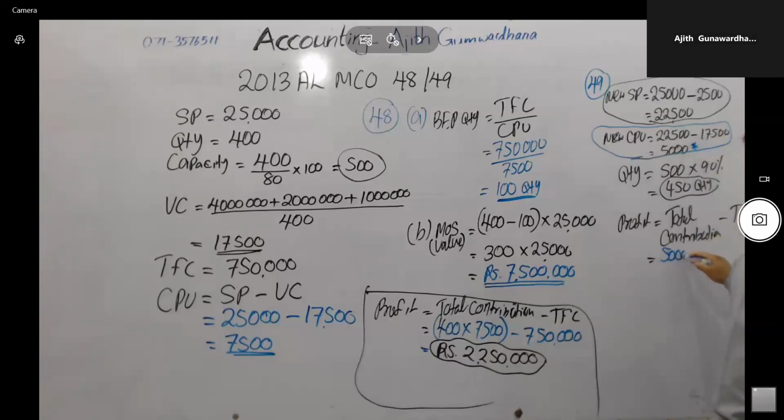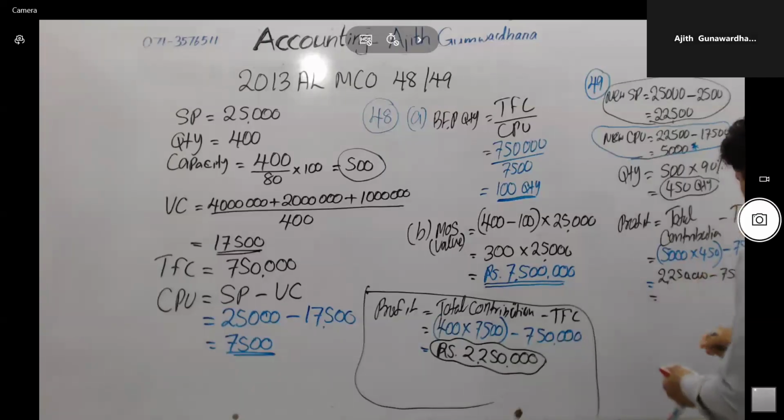This is the total contribution, but total fixed cost has not changed, 750,000. Therefore, 5,000 into 450, total contribution equals 2,250,000. From that value, deduct 750,000. Therefore, profit equals 1,500,000.